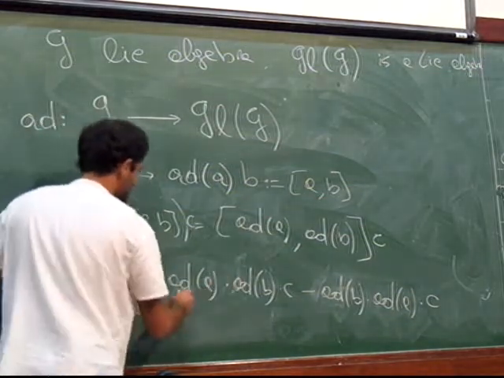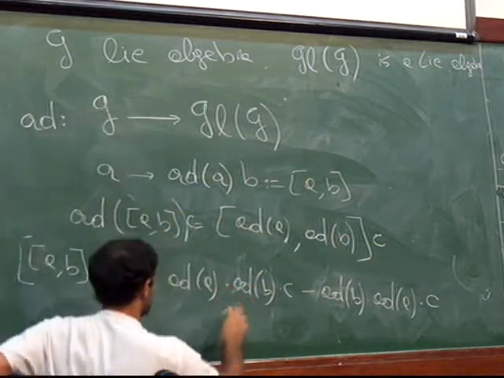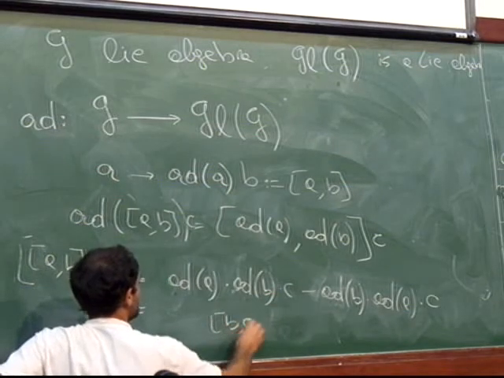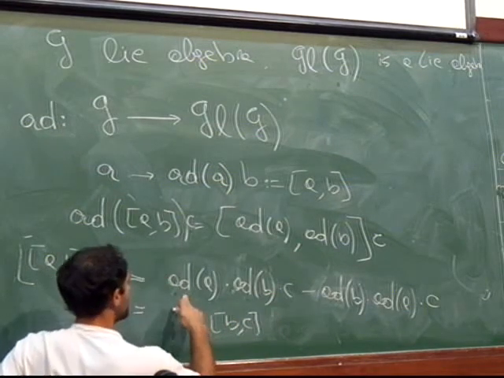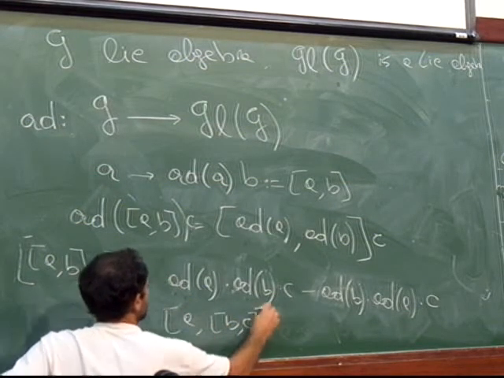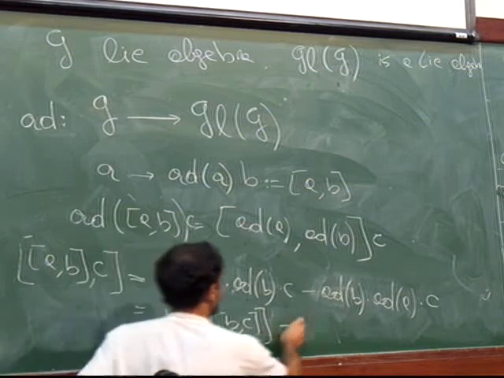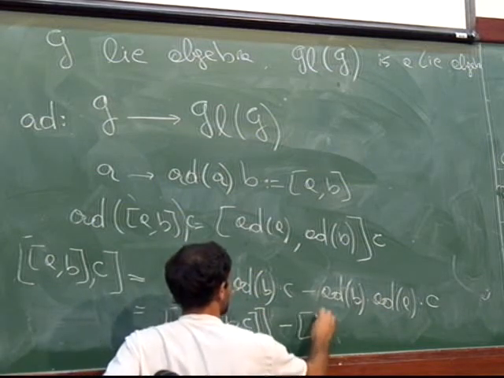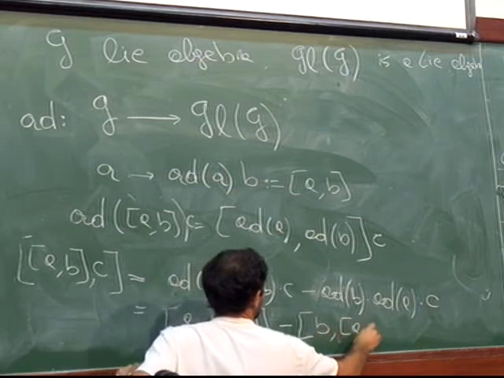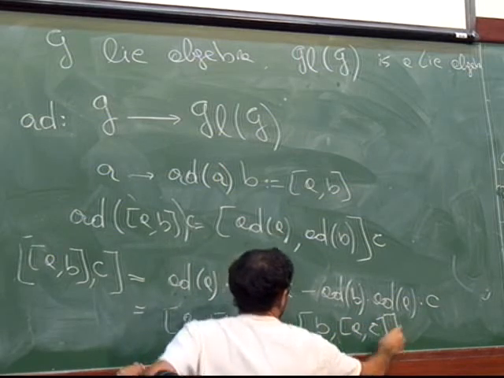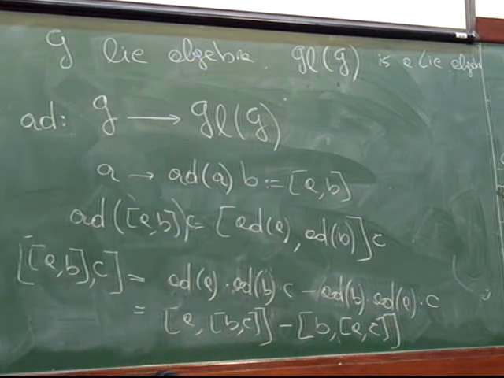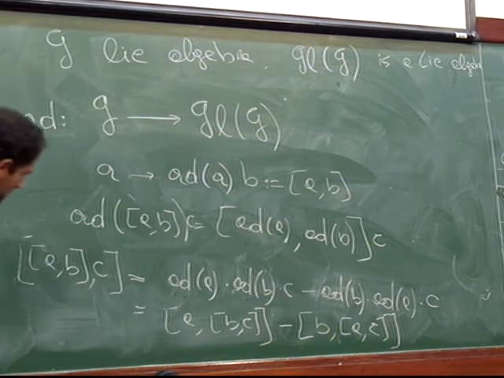This is the adjoint of A acting on the bracket of B and C, but the adjoint of A is just taking the bracket with respect to A, minus, well, now it's just A and B switched. And this is the Jacobi identity, or some form of it.